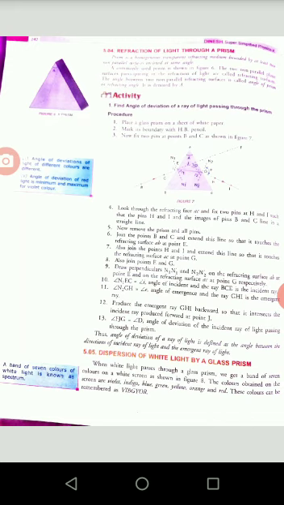So three things are important: the angle of deviation of light of different colors is different, the angle of deviation of red light is minimum, whereas violet light has the maximum.